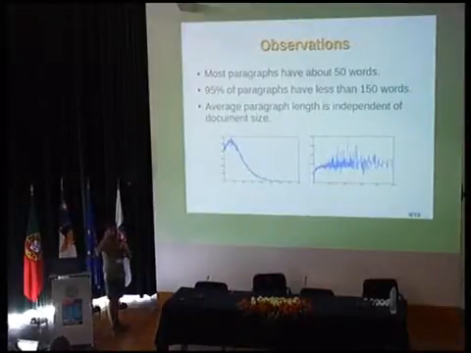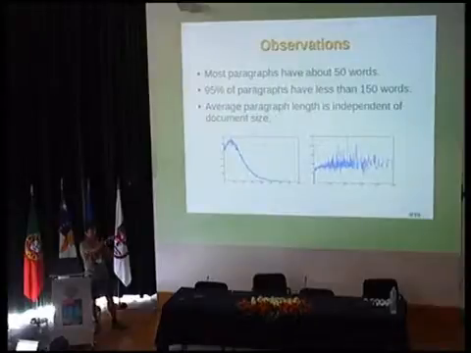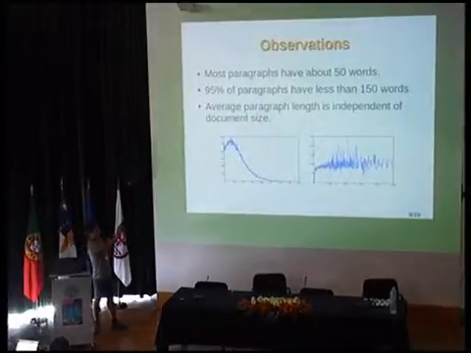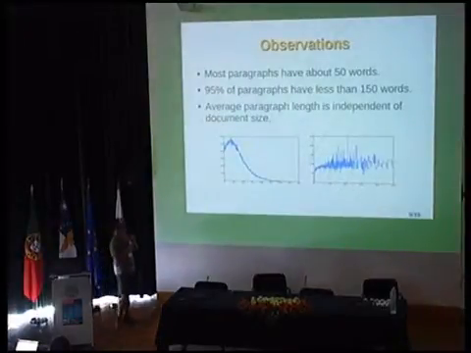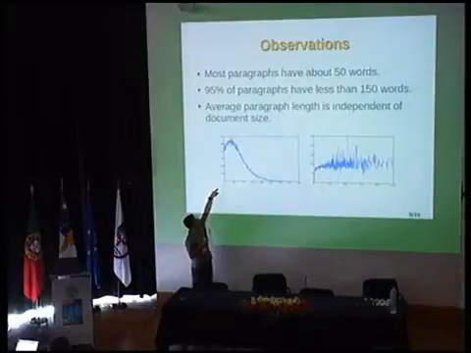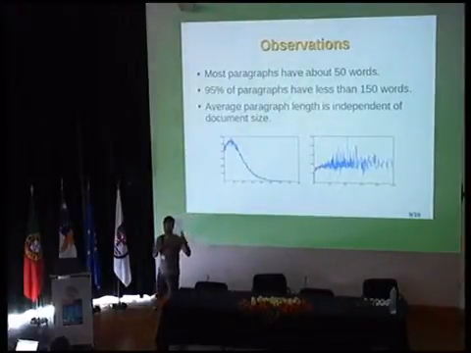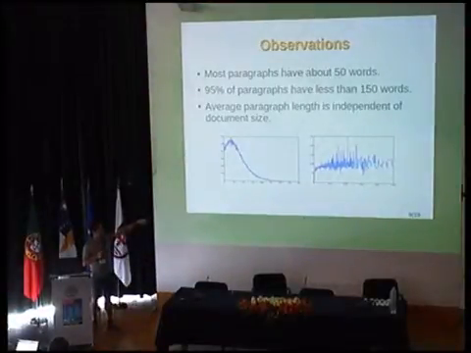So we have made some observations. These graphics here, on the left, are for English. As you can see, on the x-axis is the number of words in paragraphs, and on the y-axis is the number of paragraphs. So as you may see, there's a peak at 50.